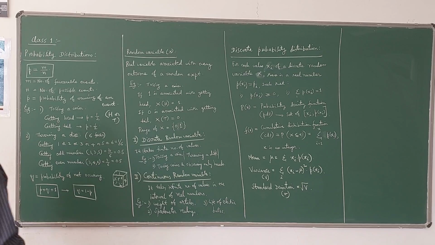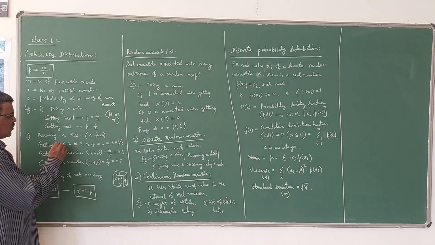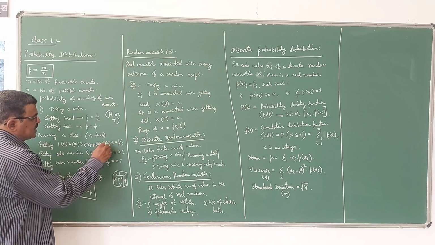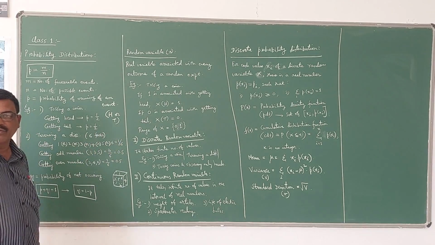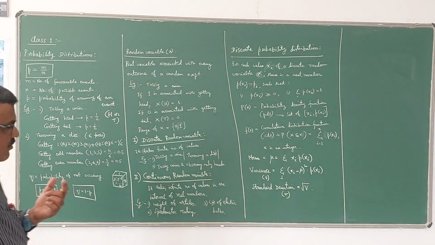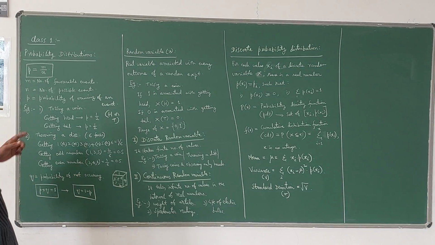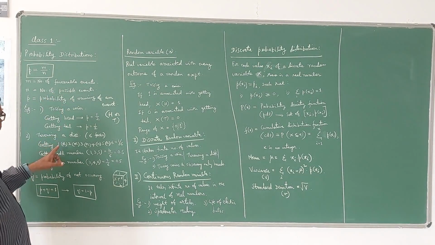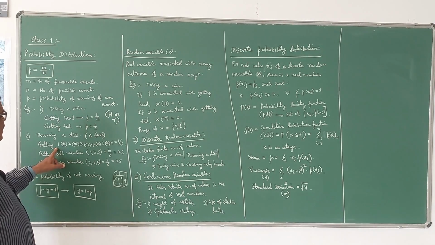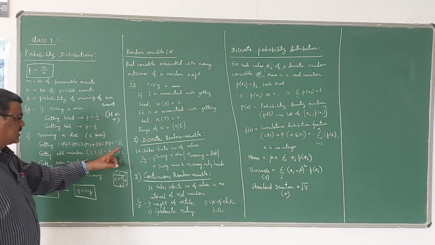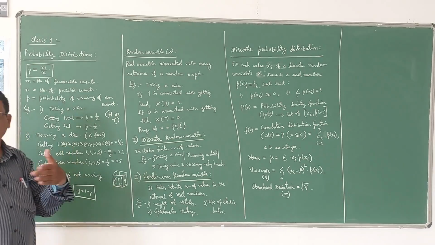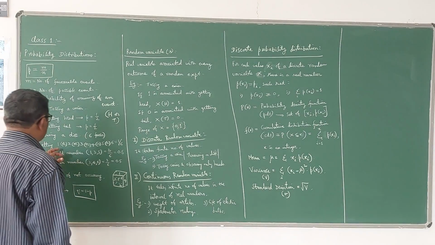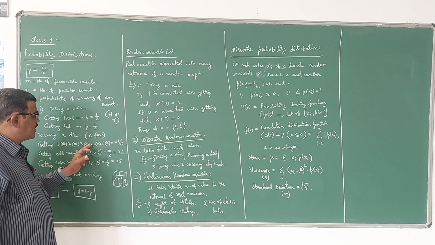Therefore, the probability of getting 1 or 2 or 3 or 4 or 5 or 6 is 1 by 6. If you want 1 to come on the top, your favorable event is 1, divided by the total possibility, which is 6.